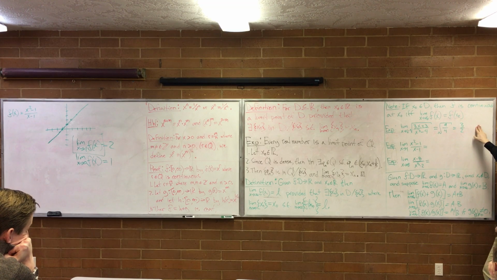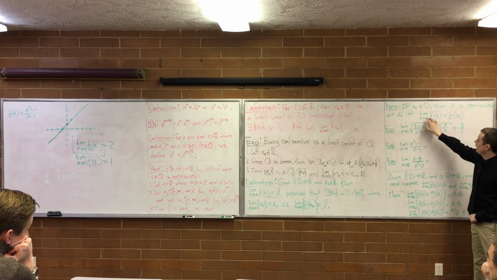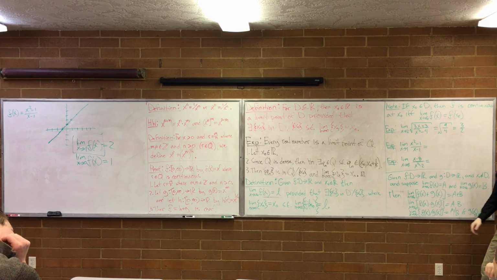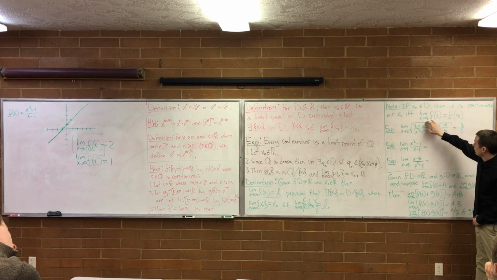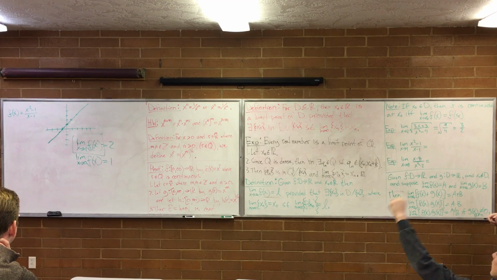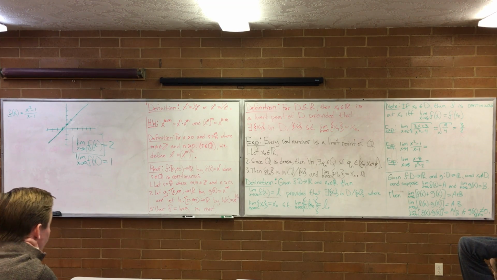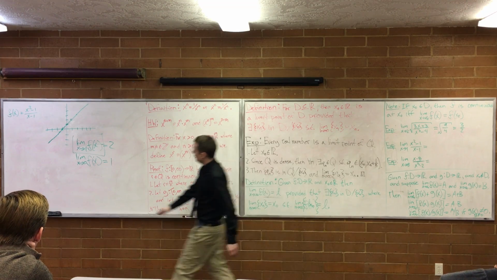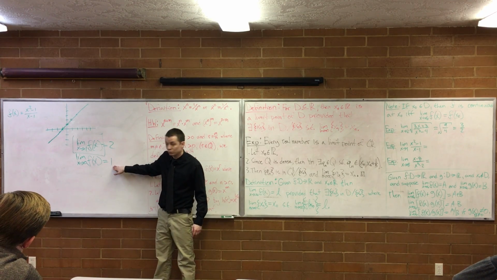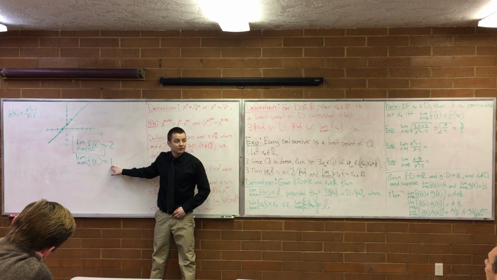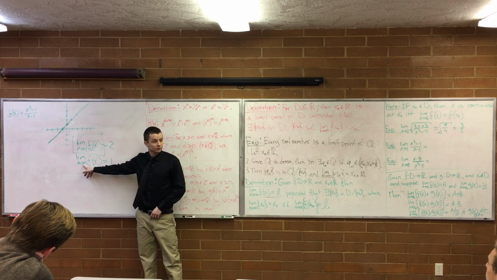That's if x naught: the limit as n goes to infinity of f of xn equals f of x naught. Or the limit as x goes to x naught of f of x equals f of x naught. Yeah, so since I know that the limit as x goes to 0 of f of x is 1, since I could find a number that makes this true, I'm guaranteed that the function is continuous at 0.